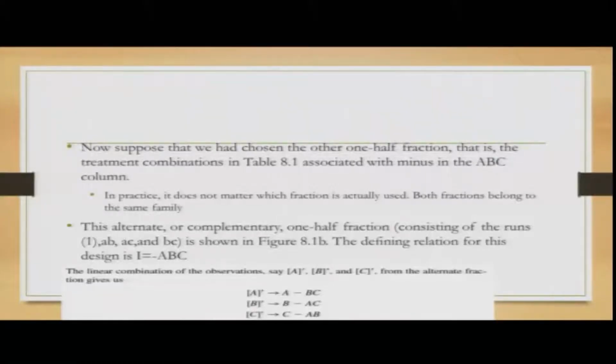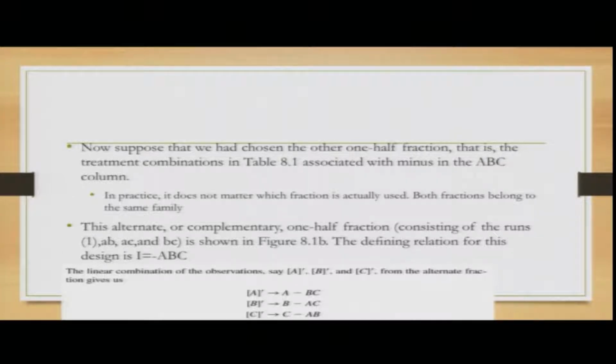Now, suppose that we have chosen the other one half of the fraction, that is, the treatments are combined in such a way that we have Table 8.1 associated with minus in the ABC column. In practice it does not matter which fraction is used, since both fractions belong to the same family, so we can do the calculations based on that. This alternative or complementary one half fraction consists of the runs of I equals minus ABC, and the aliases AB, AC and BC are shown, and this defines the combination such that you can find the overall effect of I, the identity, for the combination of ABC if there are 3 factors.